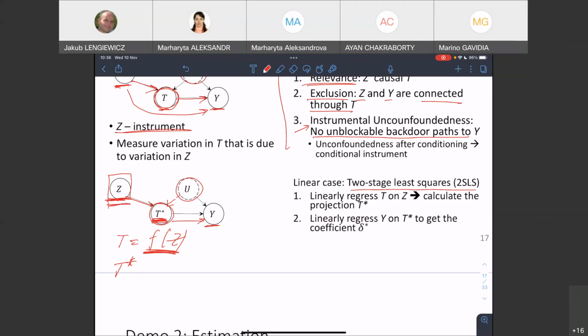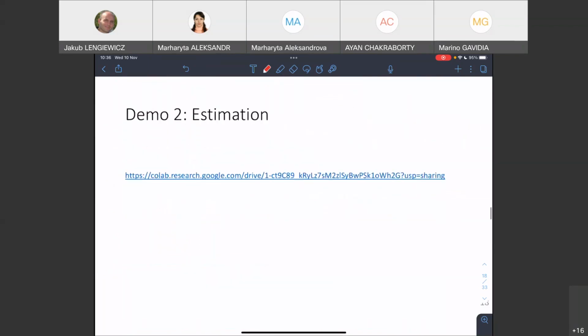By the way, the operation of conditioning that we saw last time in the case of continuous variables is equivalent to just including the variable into the predictive model. So now we'll be including the variable into the regression model, and this will be the same as the operation of conditioning. To understand how, we consider the demonstration now.